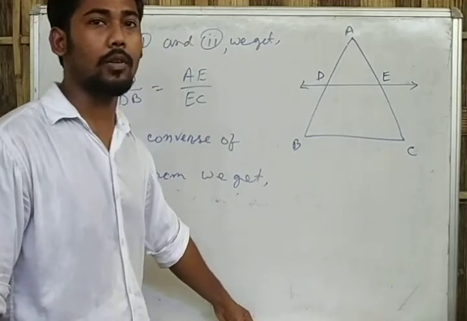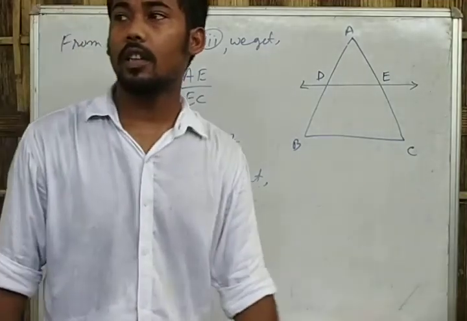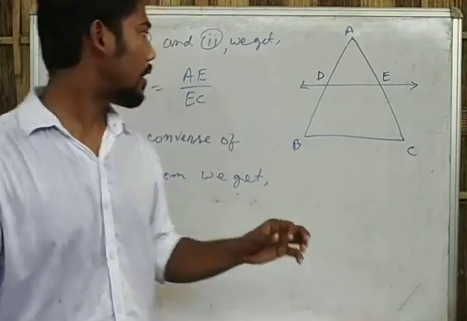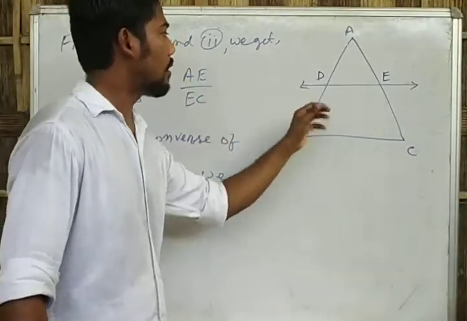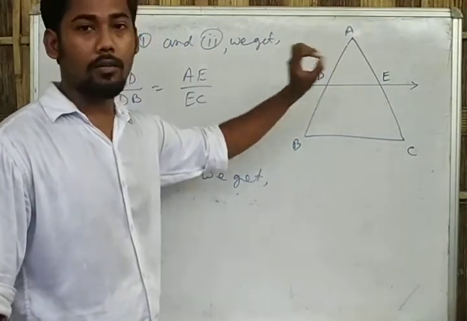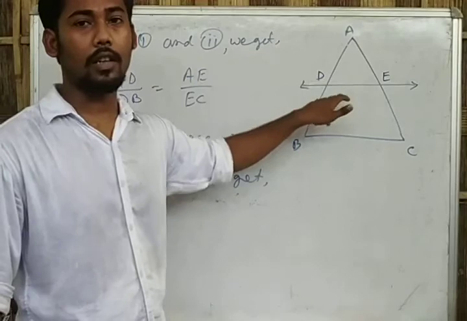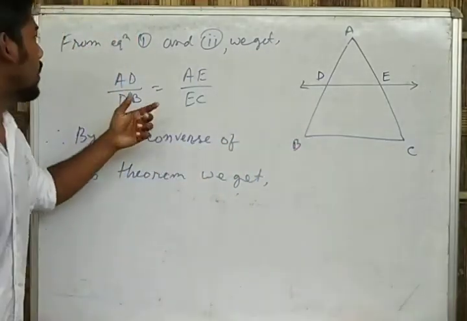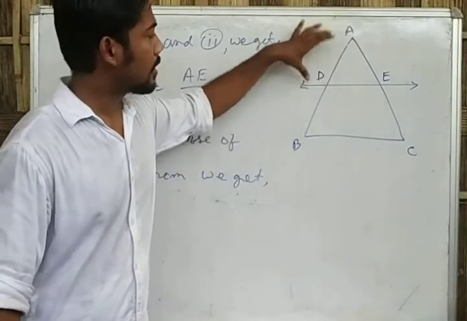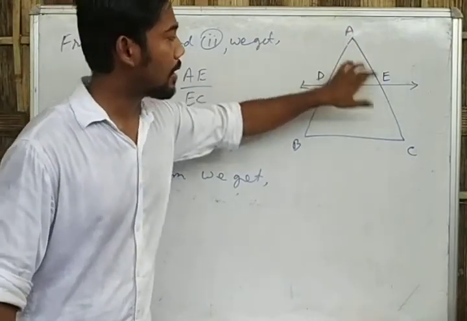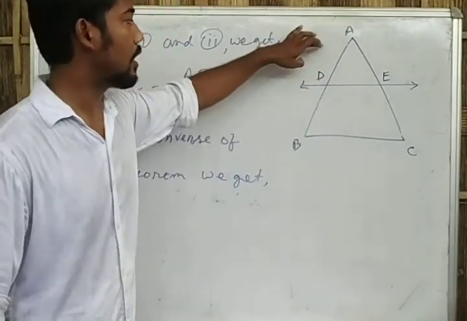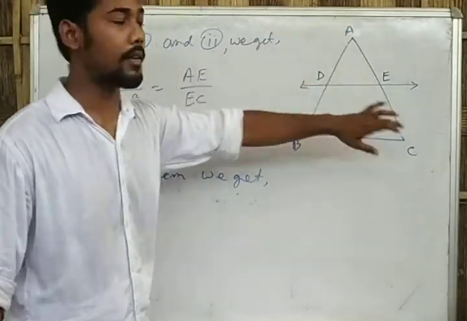Theorem 6.2 is the converse of Thales theorem: when a line divides two sides of a triangle in equal ratio, then that line is parallel to the third side. Here it can be applied because line DE divides AB and AC in equal ratio, AD by DB equals AE by EC.